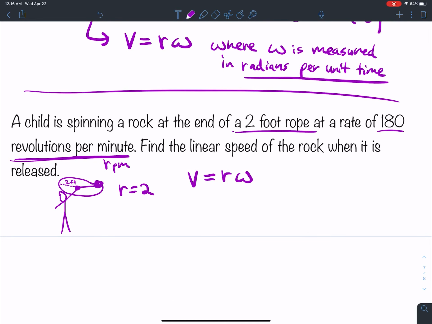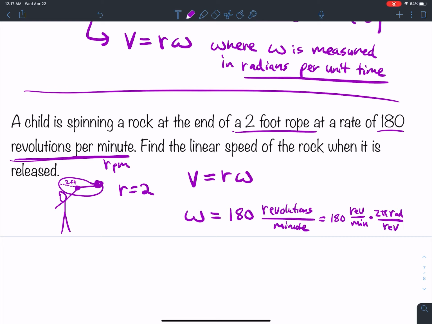So omega is equal to 180 revolutions per minute multiplied by 2 pi radians per 1 revolution.